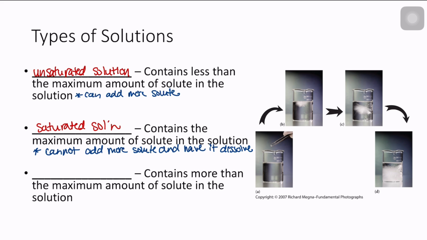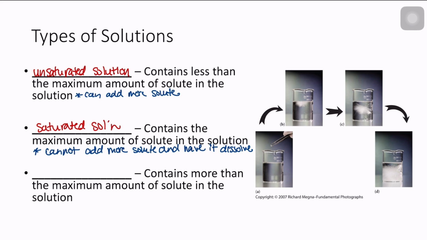So in this image right here, this is an unsaturated solution. And if we keep adding more solute, then we could have a saturated solution. This would look like a saturated solution as well.